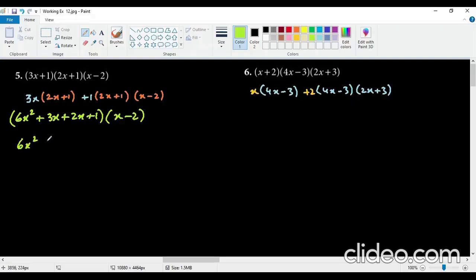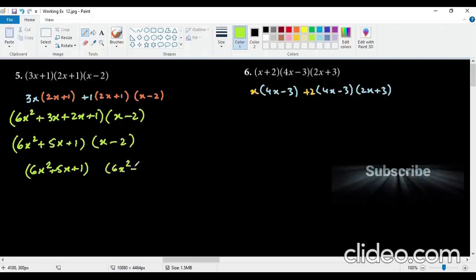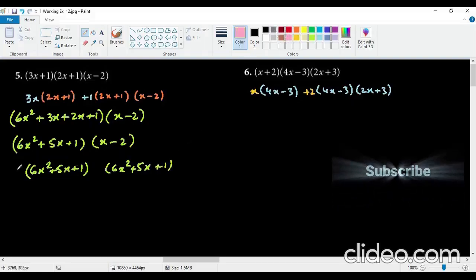So it's going to give you 6x square plus 5x plus 1, and then it's going to be multiplied by x minus 2. Now I will write 6x square plus 5x plus 1 two different times. I'm writing this two times, and I will multiply first bracket with x and second by negative 2.